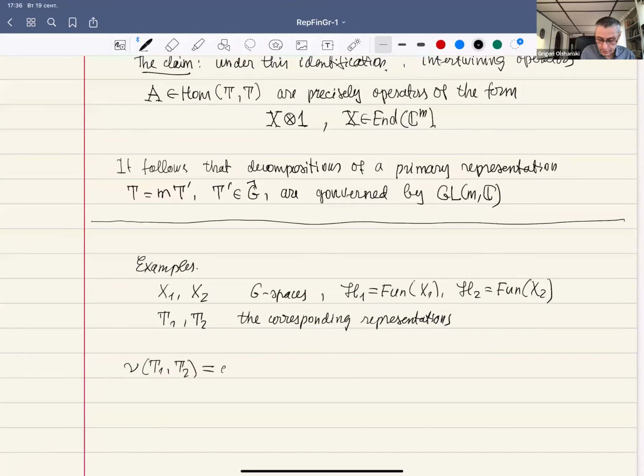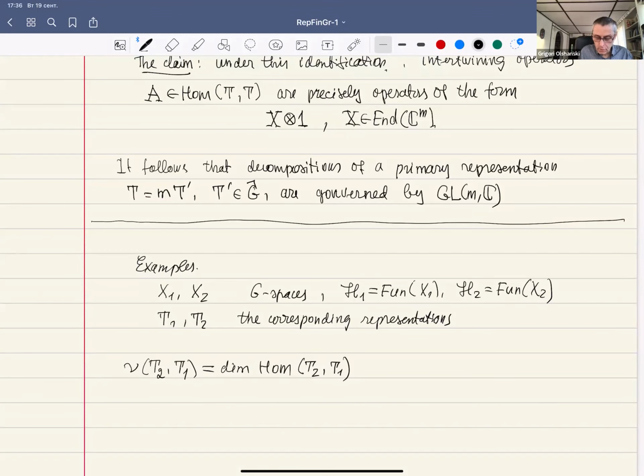I recall that this is the dimension of the space. I'm sorry, I would like to write a little bit differently, from T2 to T1. There is no difference, but it's a little bit more convenient.